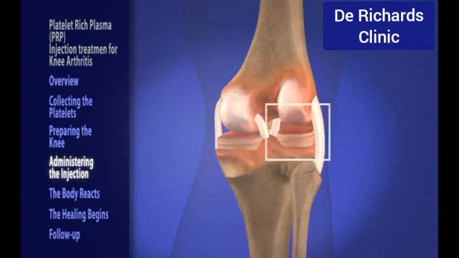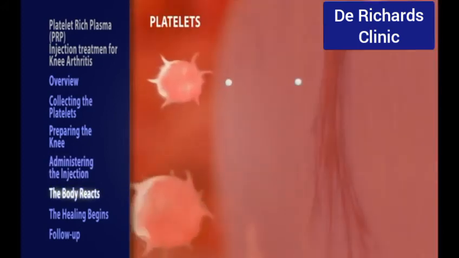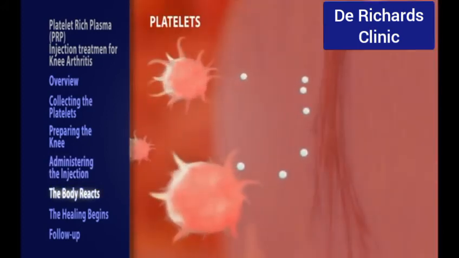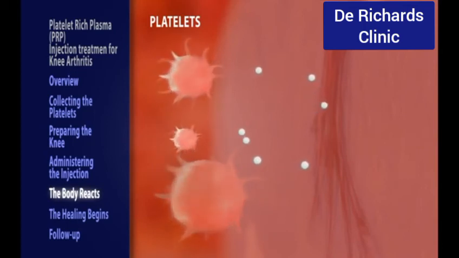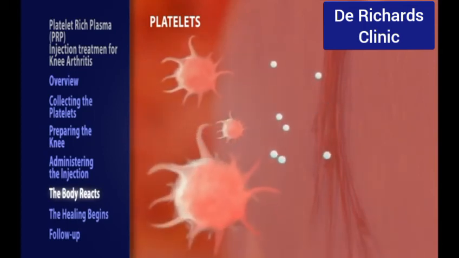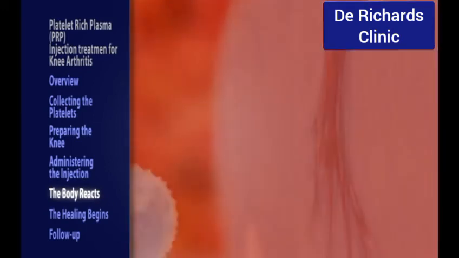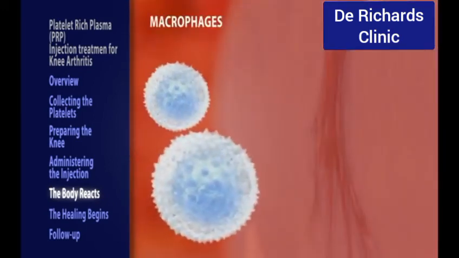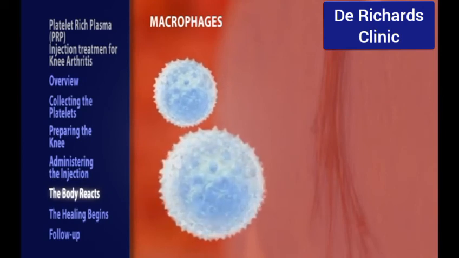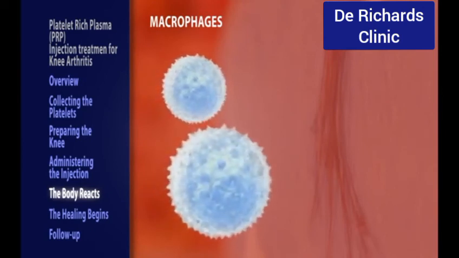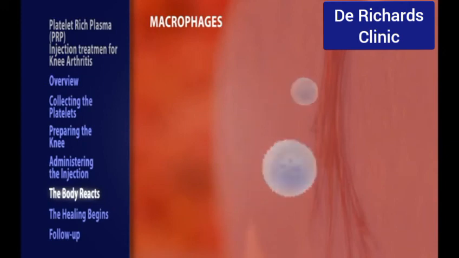So when the PRP is injected, within minutes, the platelet cells will release what are called growth factors. And just as I said, the growth factors will move to where the damage is. And when they get there, they attract other healing factors called macrophages, and they stimulate as well the release or activation of the stem cells.